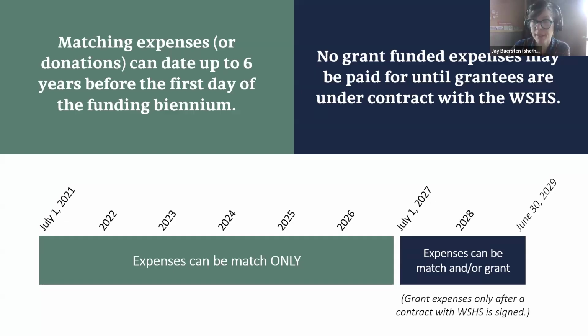If you're using a past expense as match, it needs to be included as that whole project that HCP is supporting. So that can get a little confusing because if work has already happened, why would you describe the scope of work of what you're going to do? No, it's the scope of work of what already happened and what you're counting as your match of that 66.67% that you are putting toward the project. So it needs to be captured completely in the application.